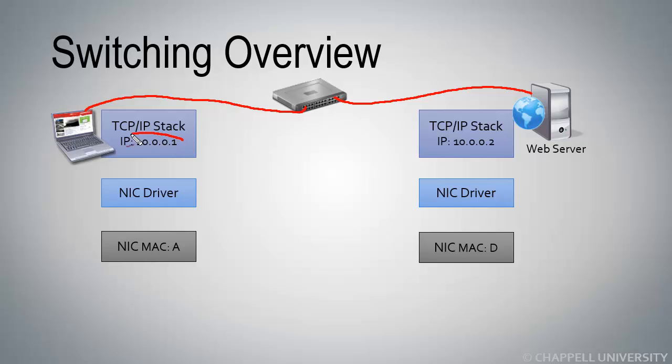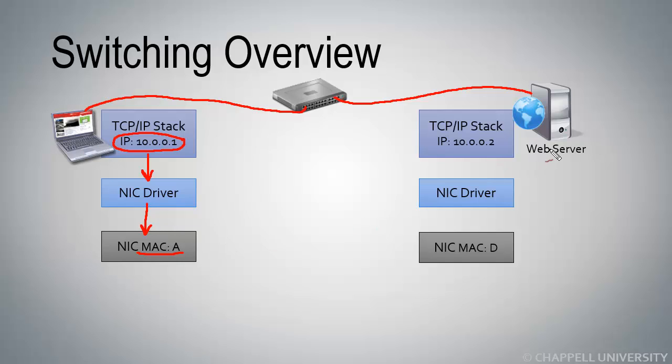First, look at our client's IP address. The client's IP address is 10.0.0.1. And as packets flow from our client to this server, they flow down through the network interface card driver and then through the network interface card itself. The source address that's placed on the packet will be the source MAC address, media access control, or hardware address of our client.